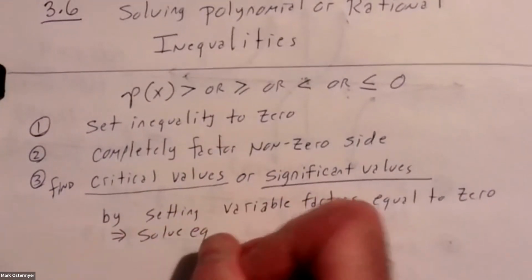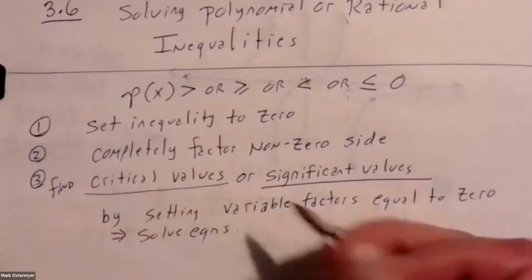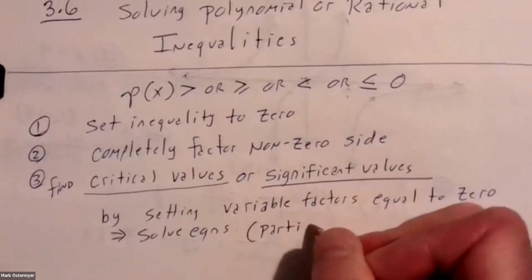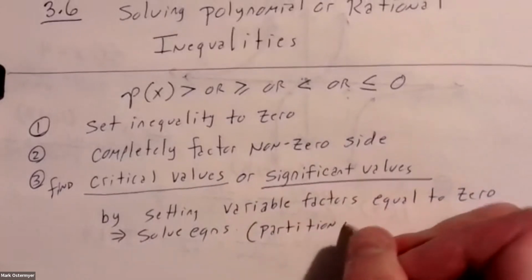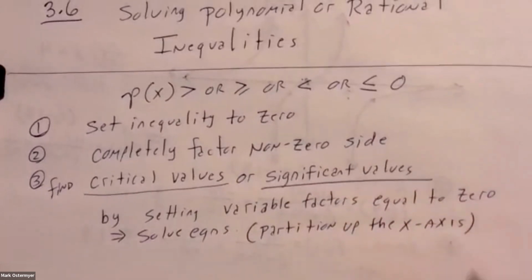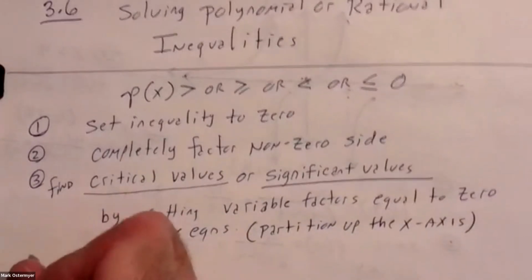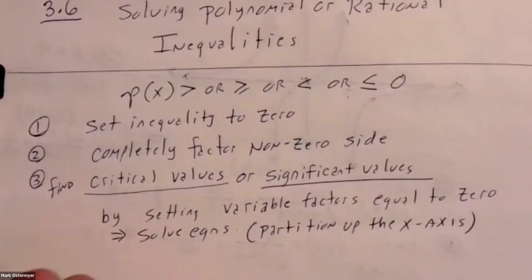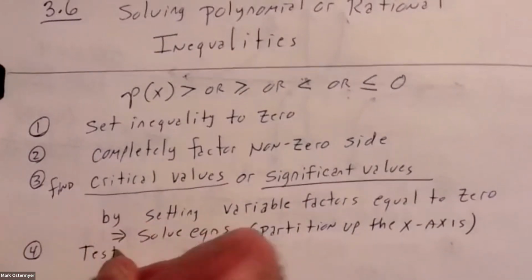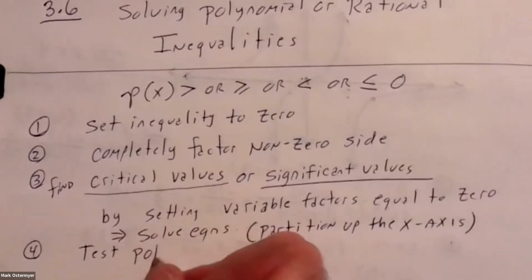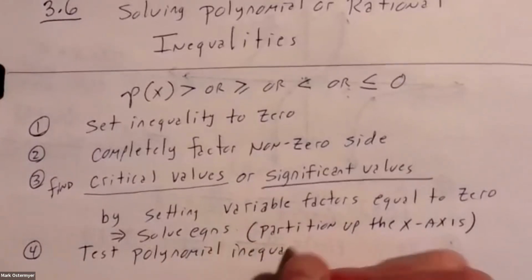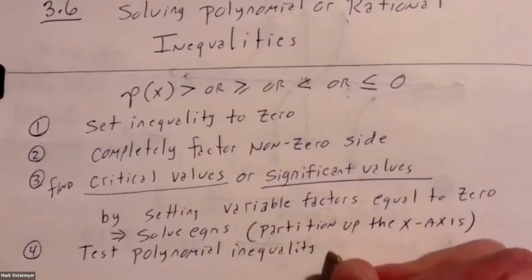Now, these critical values are going to partition up the x-axis into disjoint intervals. And what are we going to do with these disjoint intervals here? Well, in step 4, we're going to test our polynomial inequality for each interval.